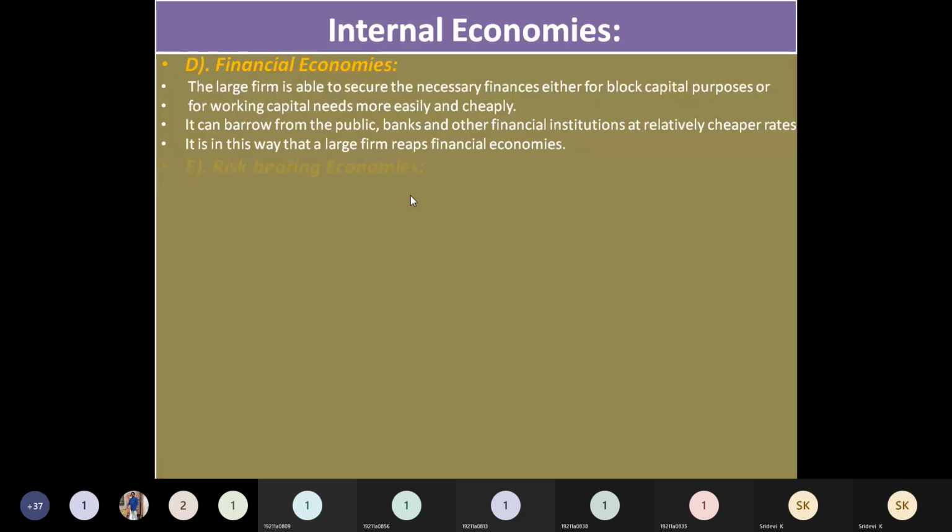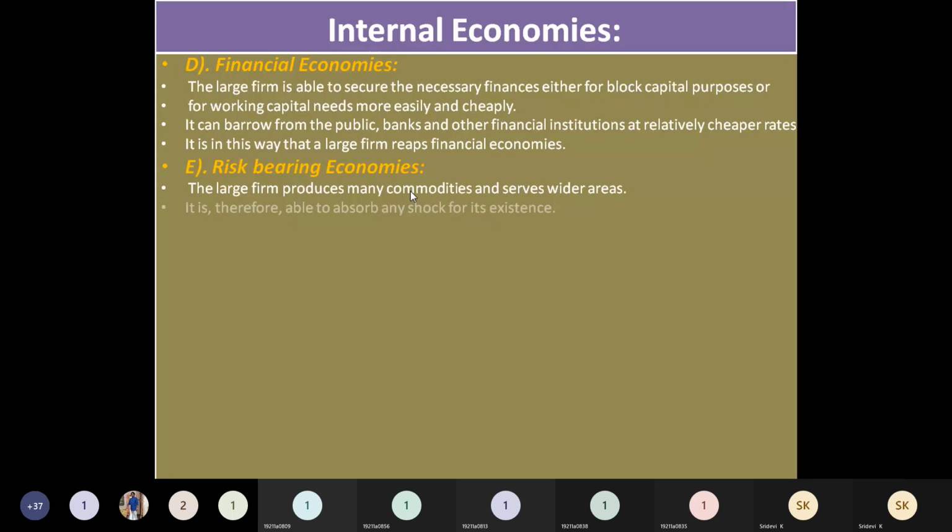And coming to the risk bearing economies, even if there is a change in the preferences of the customers for the product, automatically there will be loss to the company. No? So if suddenly some new change in the market takes place, like if you take COVID, suddenly this was an uncertain situation.